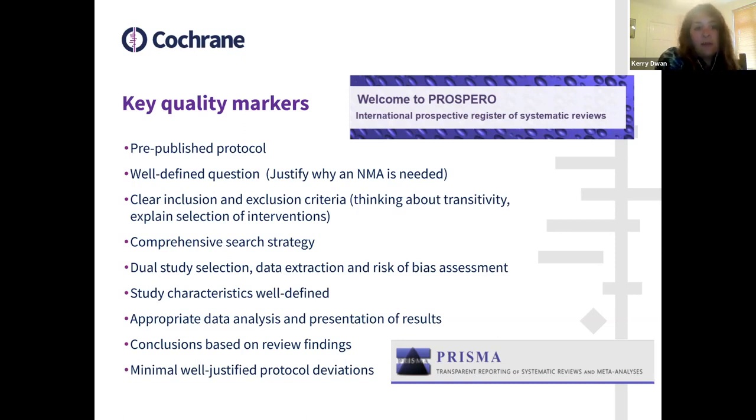We'd still want to see a pre-published protocol, make sure that's available. We want the question to be well defined, but with a network meta-analysis, it's important that the authors have justified why a network meta-analysis is actually needed. It could be because there's a lack of head-to-head comparisons between different comparisons, or there's lots of independent comparisons as well.